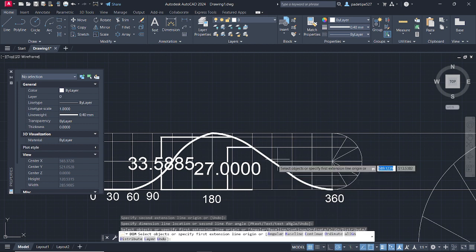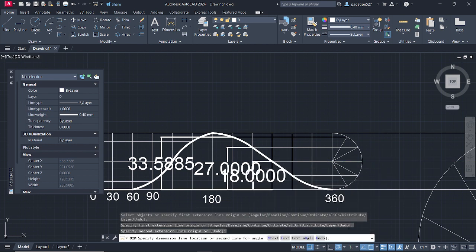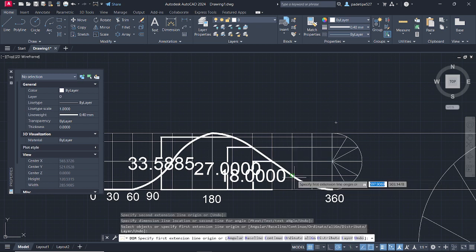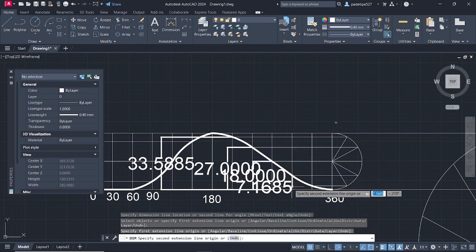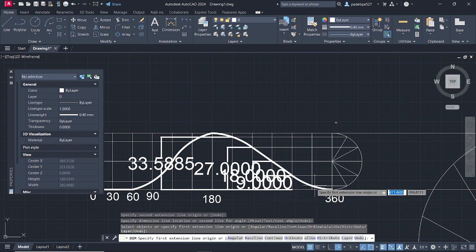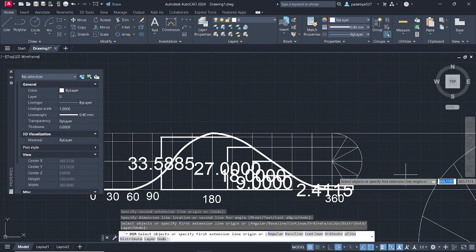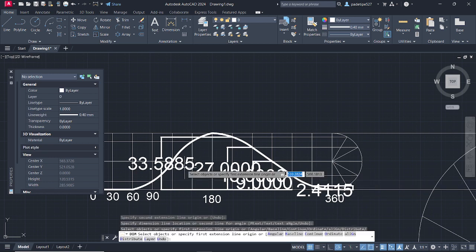From 27 we'll have 18 again. We'll have 9. Let me drop this here. 2.4115. So this first one, let's continue with this.